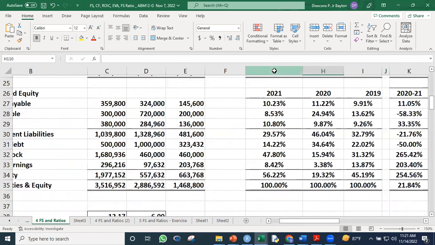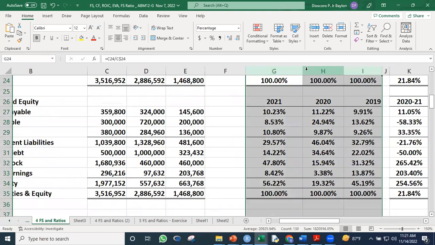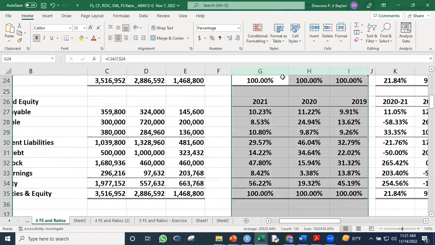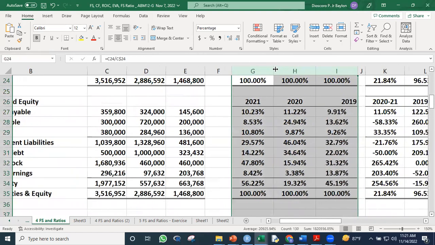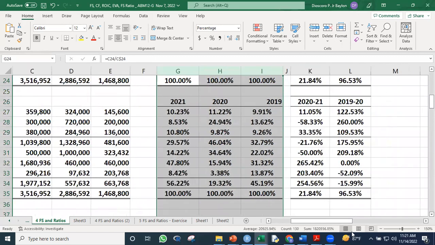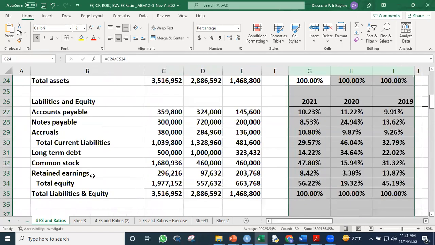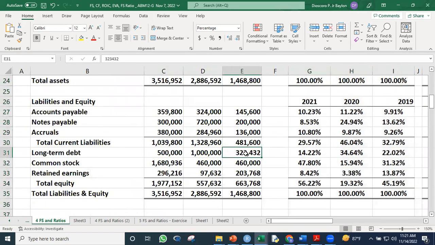Let me just decrease the width of this. All right, long-term debt from 323 to 1 million. So you can see here the big jump. Also, there was an increase in total current liabilities.